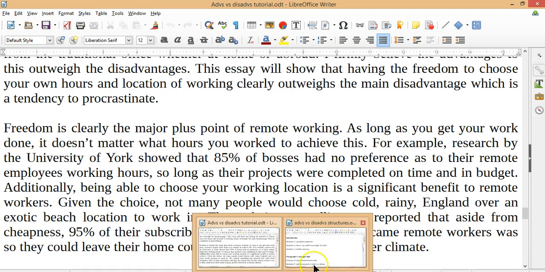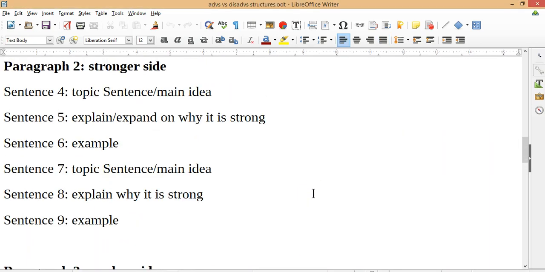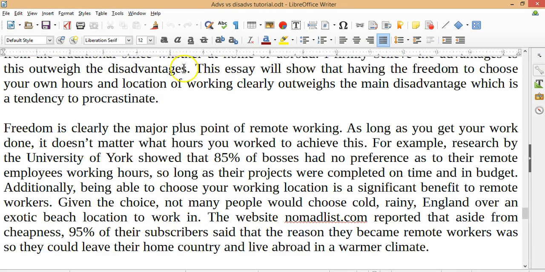So for this, in paragraph 2, as we've seen, we need 2 main ideas, 2 examples. So main idea, your topic sentence. Freedom is clearly the major plus point of remote working.